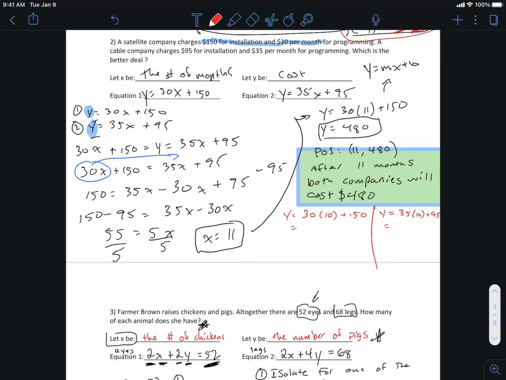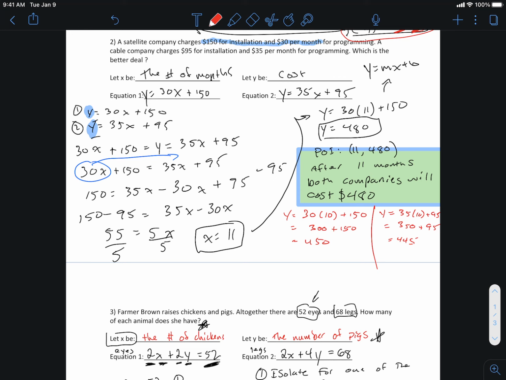So you're going to get 300 plus 150, and you're going to get 350 plus 95 for 10 months. So you're going to get 450 over here and 445. So close, but still one's a better deal than the other one.